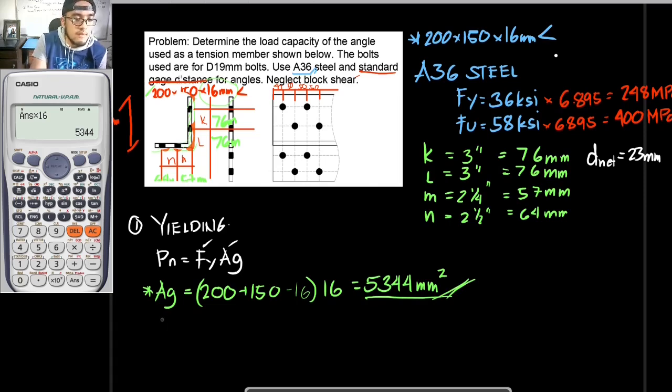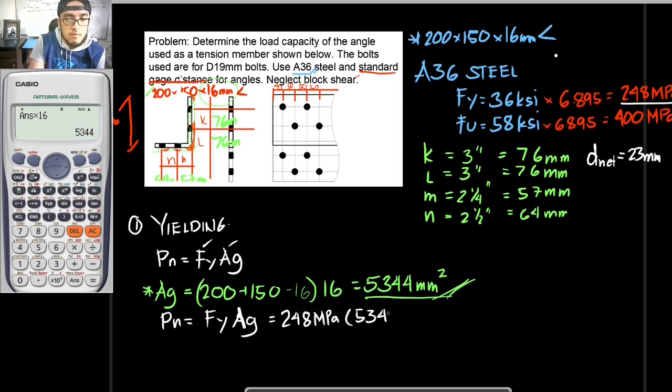So, for us to get the value of Pn, our Pn would now be equal to Ag times Fy. Ano yung Fy natin? That is to be 248 megapascals times 5,344 millimeters squared.